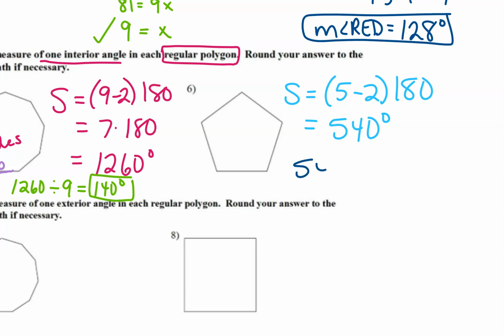And then we want to know what each one is, so we divide by 5, and you get 108 degrees. So each of these angles inside is 108 degrees.